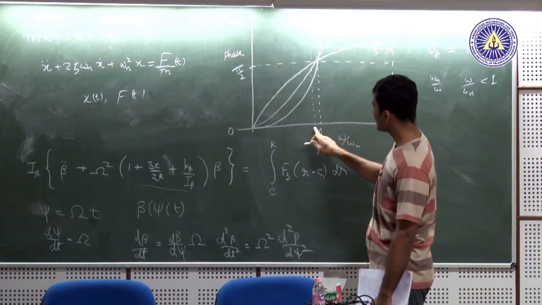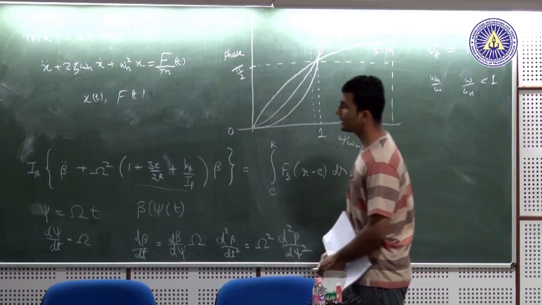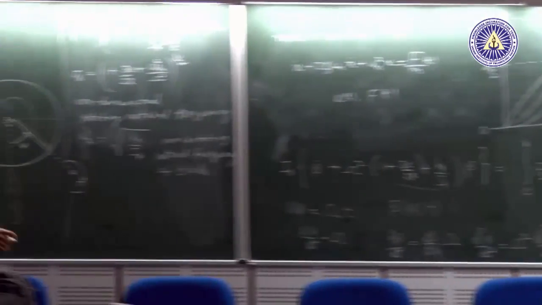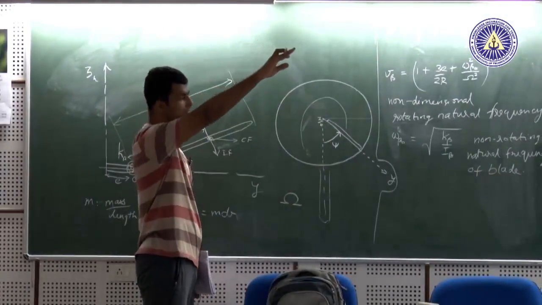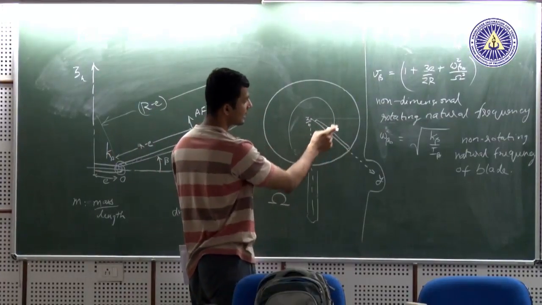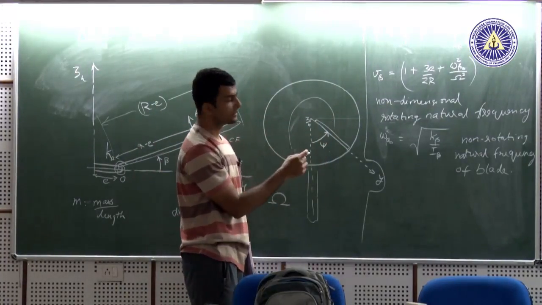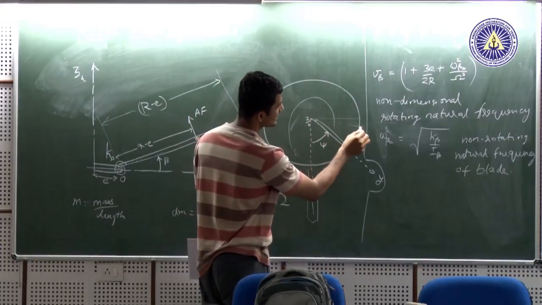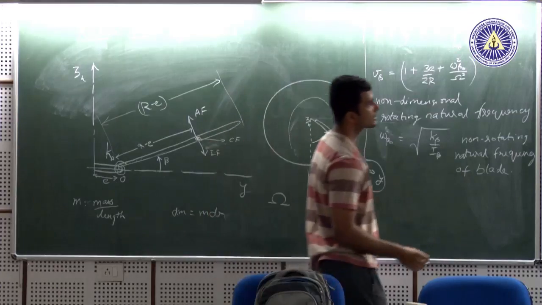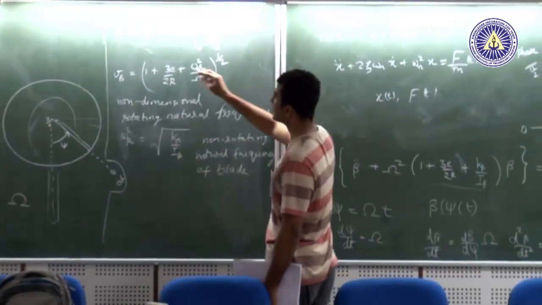So what it shows is that if I have the maximum force on the blade at this location, I will see that the blade flaps maximum, I get the maximum blade flapping at close to 90 degree, but a little less than 90 degree. And where exactly it happens comes from this number nu beta.